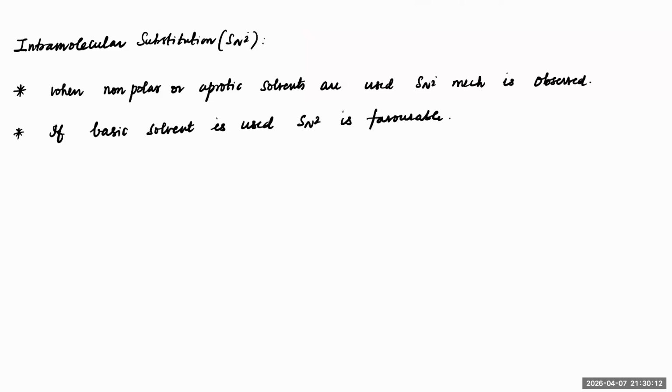So check out. For example, if you take ROH plus SOCl2 in the presence of CCl4, which is non-polar, you will notice this will go via the SNi mechanism, and you'll get RCl plus SO2 plus HCl.